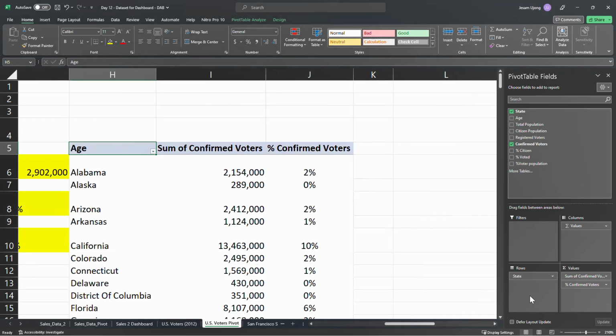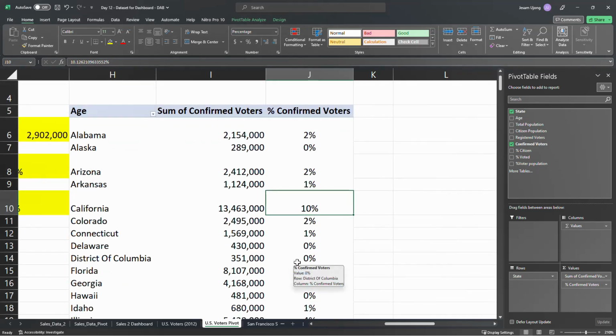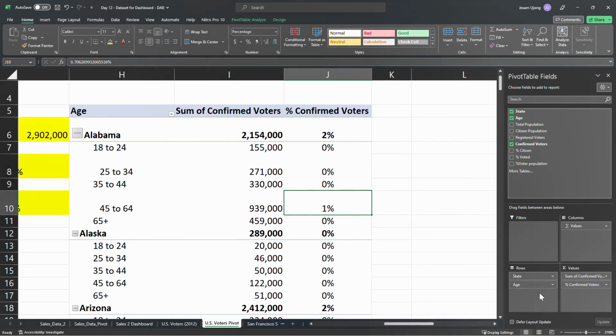So we put all the states first of all. What percentage of confirmed voters represented each state? And now they want to drill down to the age. Remember the dimensions here were the state and the age, and then the measures were the other total population. So I put the age in the row after states and it splits down.